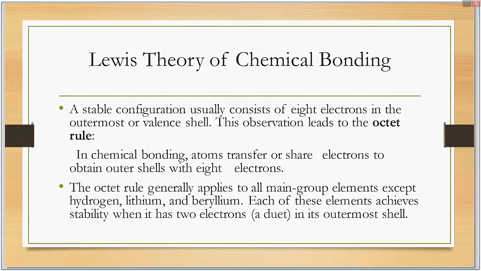A stable configuration usually consists of 8 electrons in the outermost valence shell. This observation leads to the octet rule, meaning 8. In chemical bonding, atoms transfer or share electrons to obtain the outer shell with 8 electrons.